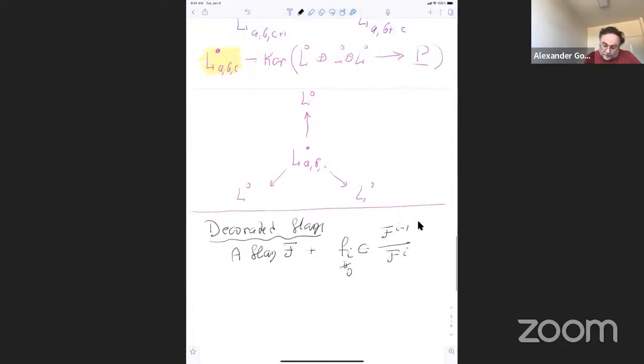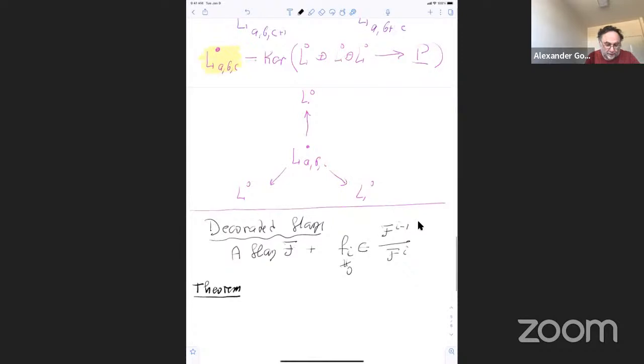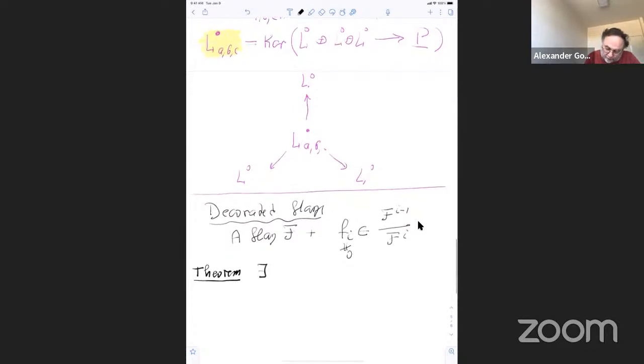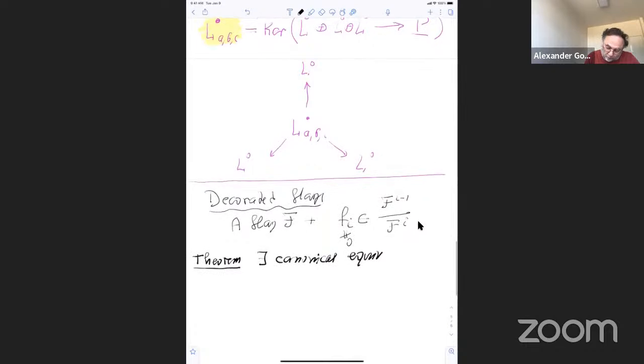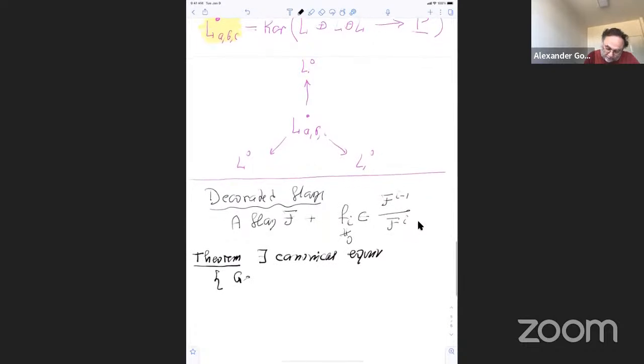And then we have an analog of the previous theorem, which describes equivalence. So there is a canonical equivalence of groupoids between the following objects. On one hand side, we have generic triples of decorated flags.